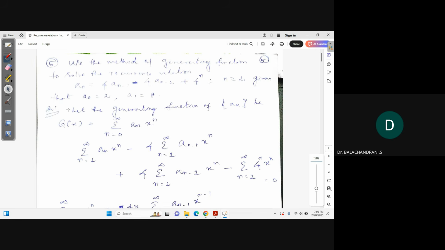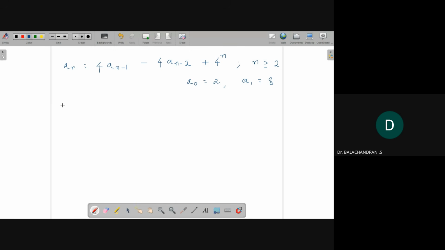So first you should take the generating function of the sequence an. Let the sequence an be g of x is equal to summation n equal to 0 to infinity an into x power n. So what is g of x?